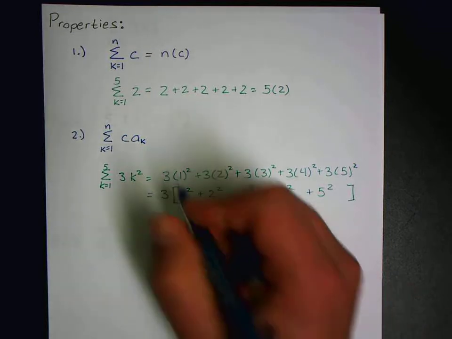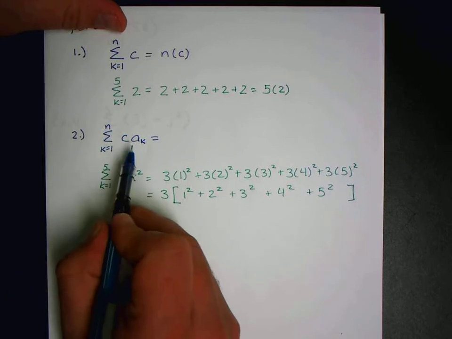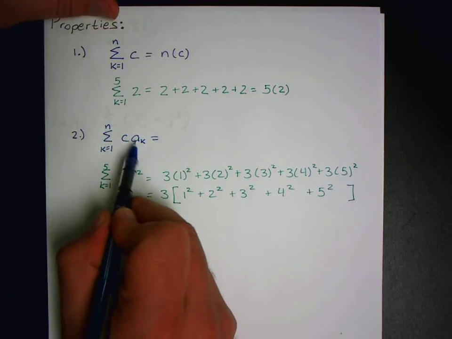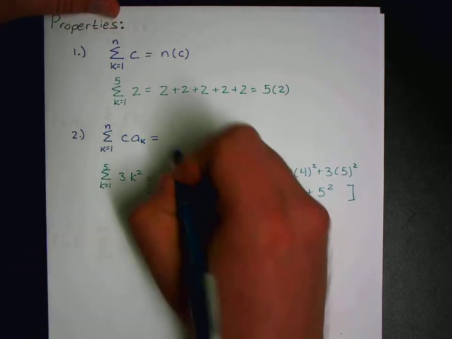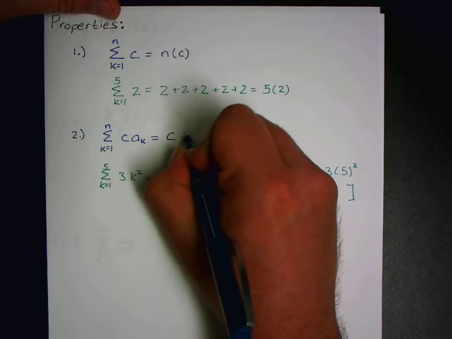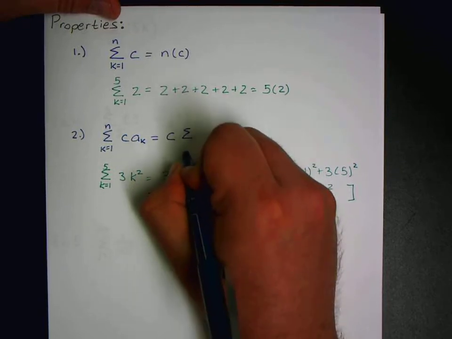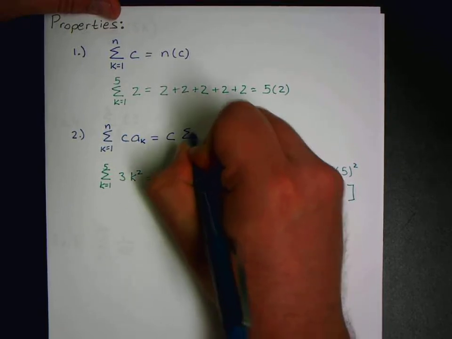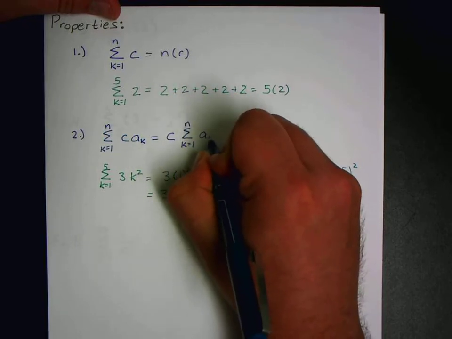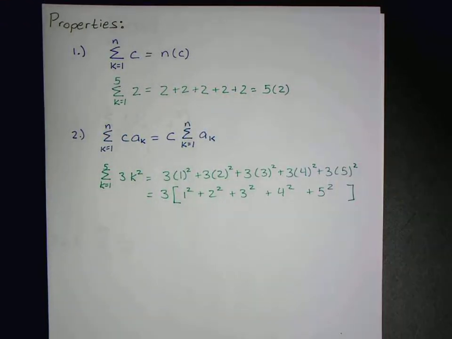So that's another property of these. If you have some sort of function in here, and it's multiplied times a constant, you can move the constant out to the front.